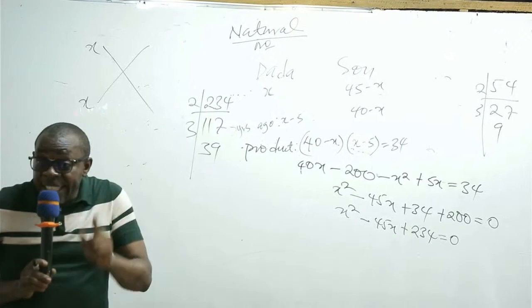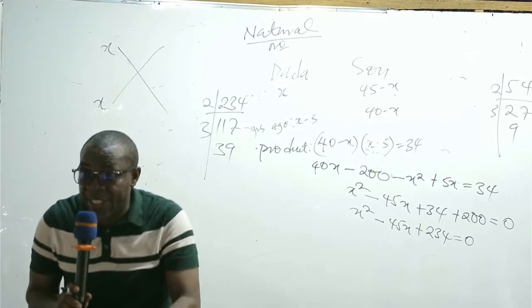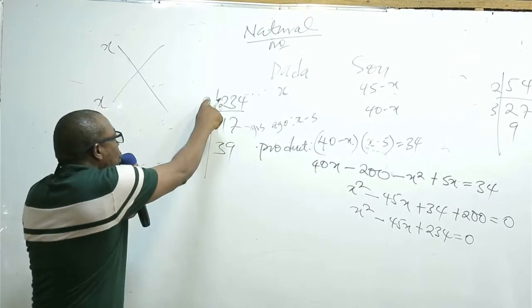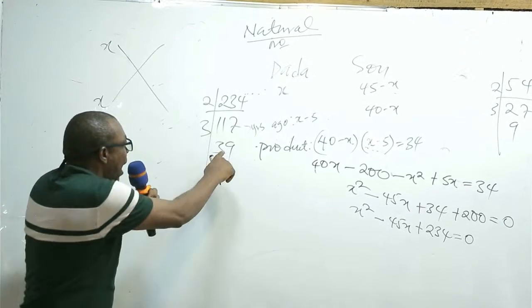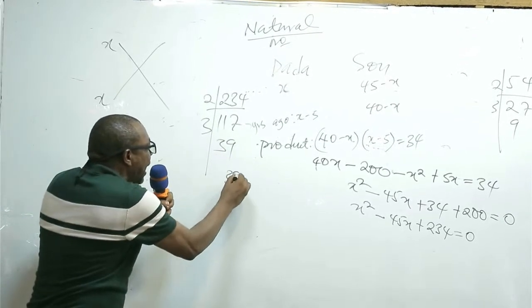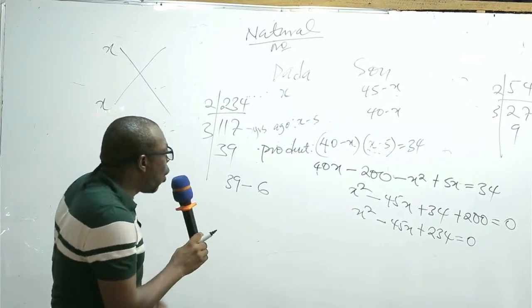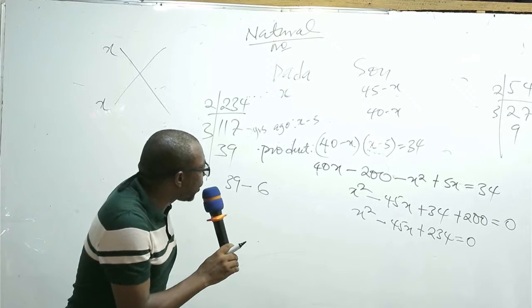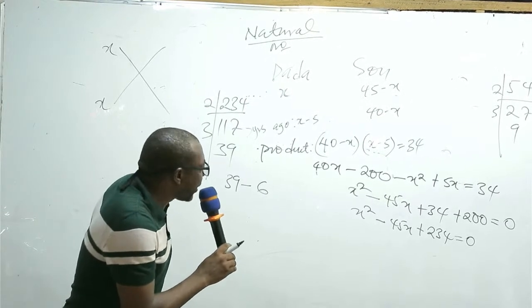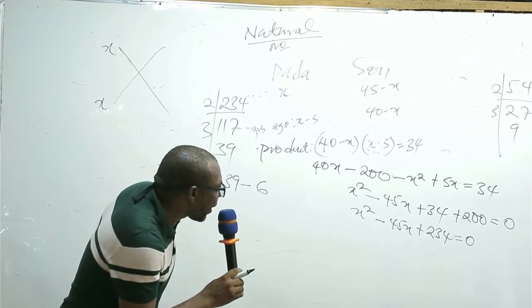I will test it. As I'm going, I'm testing. Now, 3 times 2 is who? Now, 39 minus 6 is who? Is who? Is 30 who? Is it 33?